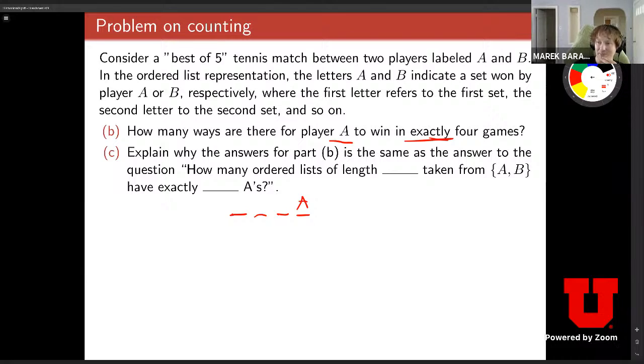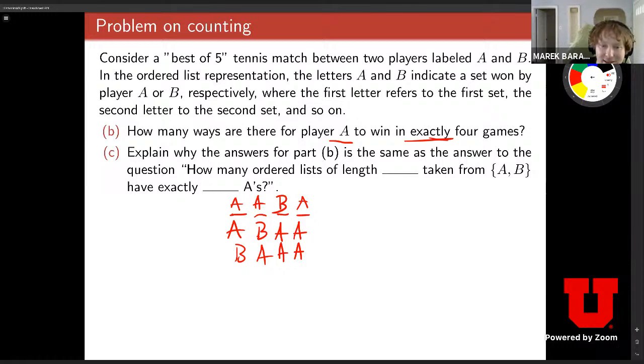Otherwise, it wouldn't have been 4 sets. So we're looking here, and there are three ways. We have AAB, ABAA, and BAAA.